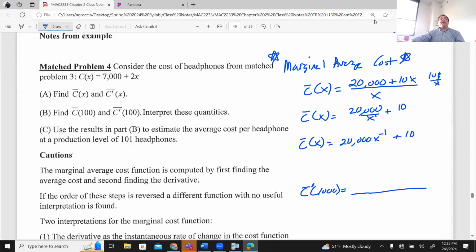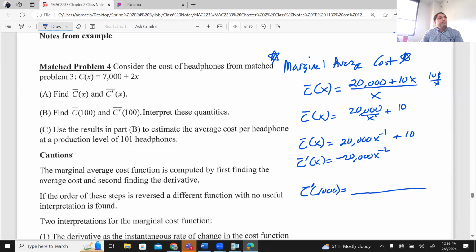All I did was rewrite it with algebra. Now we can take the derivative. So this is going to be the derivative of average cost. This would be -20,000, X to the -2. What's the derivative of 10?